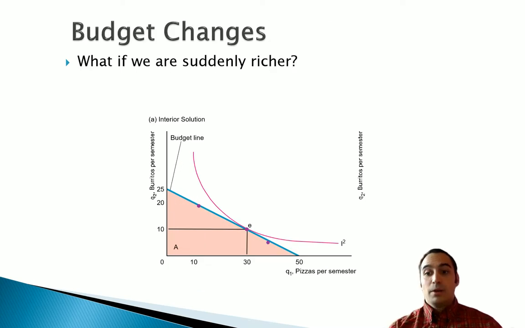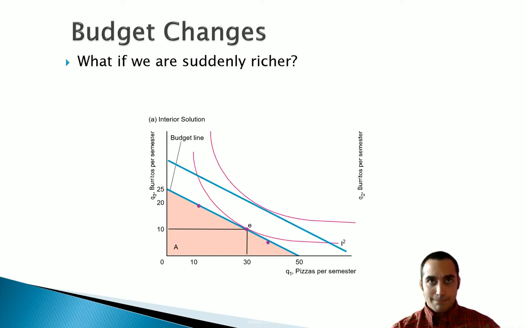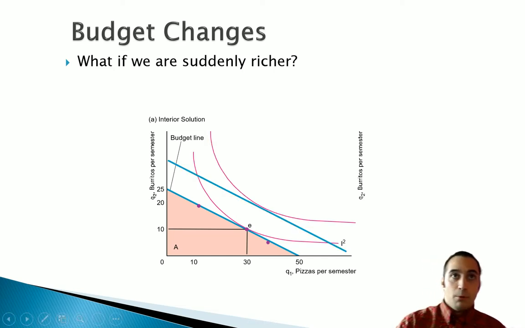The next thing we want to do is think about, well, how do changes in our budget change the optimal bundle? Well, how would my graph change if I were suddenly richer? Think for a moment, draw for yourself how I would change this graph if I found myself with more money. Well, you'll note if I had more money, one thing I can afford is some amount more burritos. Another thing I could afford is more pizza.